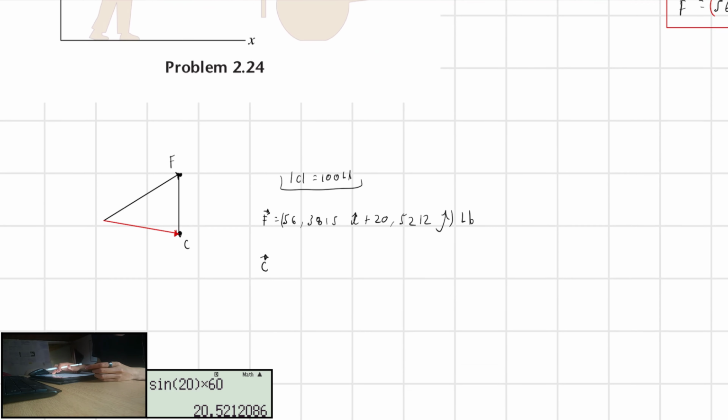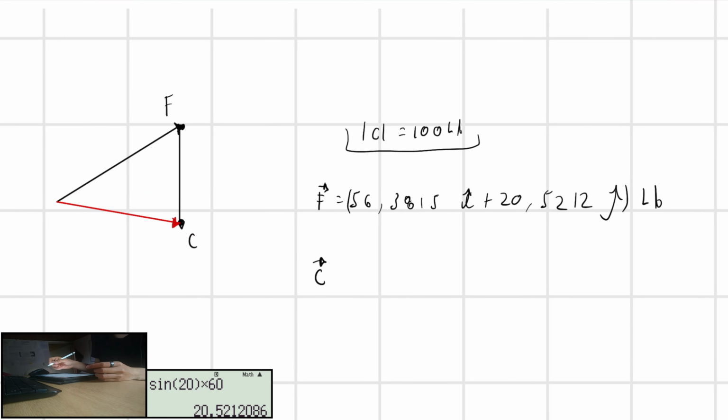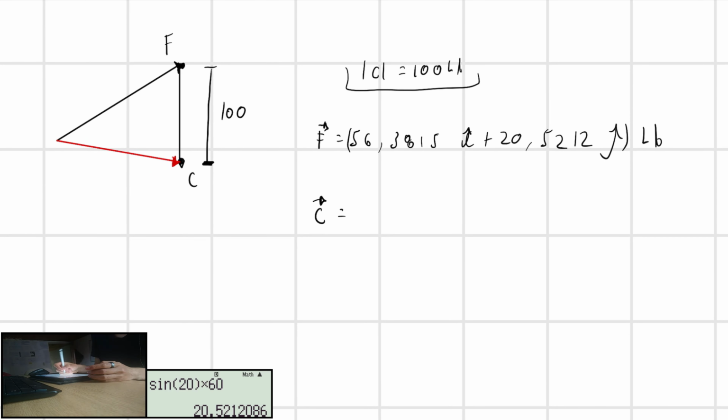That means that I'm going to have 100 units along completely the j direction, right? That means that the vector C is 0 units along the i direction minus 100 units along the j direction. This is in pounds.